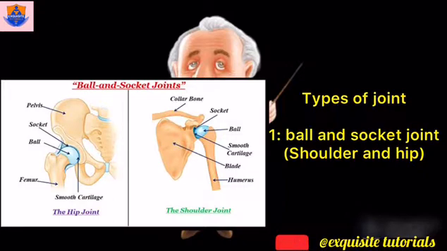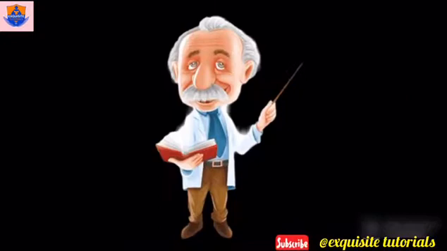Note that human anatomy says the head of the humerus fits into the glenoid cavity of the pectoral girdle, while the head of the femur fits into the acetabulum of the pelvic girdle.